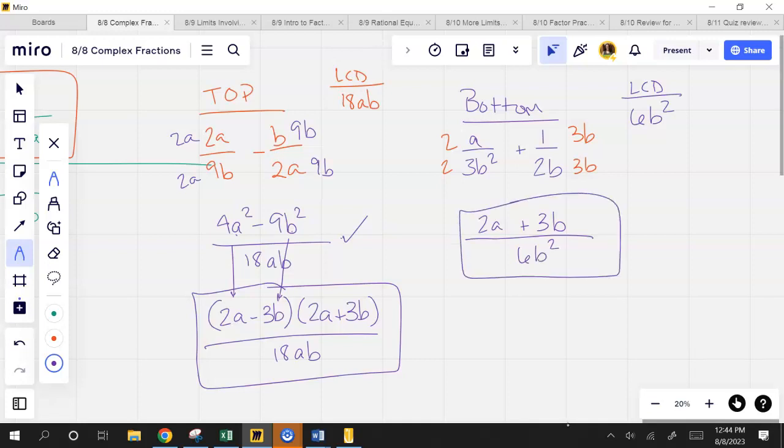That one was a lot easier. There's nothing you can take out of everybody. There's no pattern there to factor or anything like that. So no, you'd stop right there. Now I'm ready.